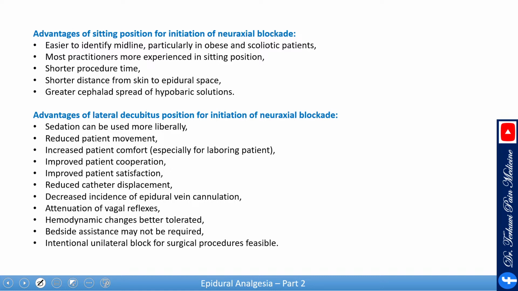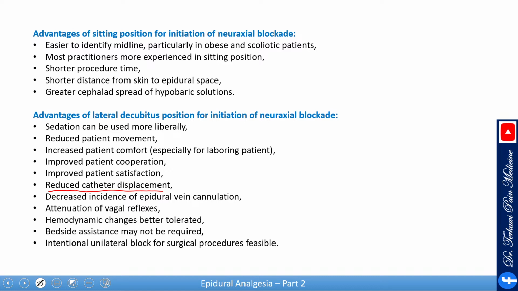Now, by the way, even if I'm doing sitting position, I still wouldn't tape the catheter in a sitting position, especially in an obese patient, because when they lie on their side, they tend to suck the catheter in.